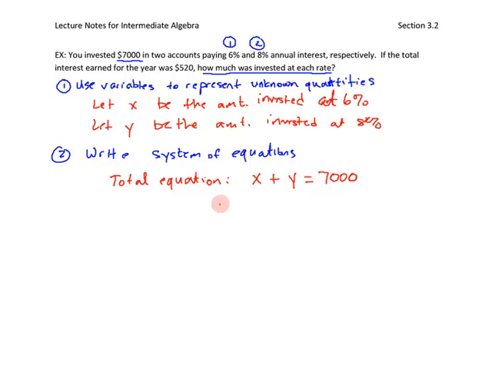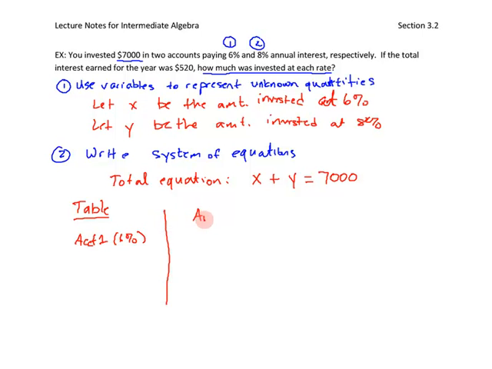Okay? Now, how about the interest? Right? We know that the interest total from the 2 accounts is $520. Let me illustrate this by writing down a table, and I can suggest that you would write this table down in each of the examples that we're doing here. I may not always write the table down, but it helps you to see what we're talking about in terms of the amount of interest that's earned, right? So if you have in account 1 which is the 6% account, right?